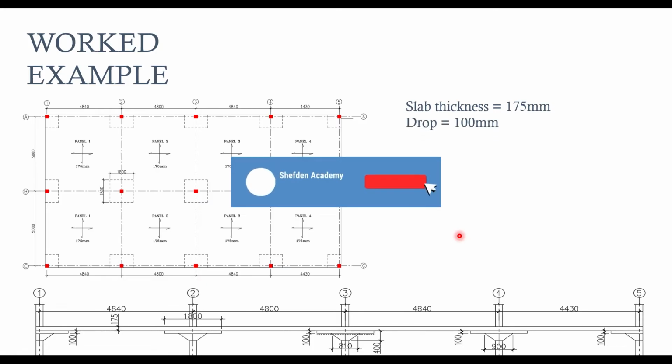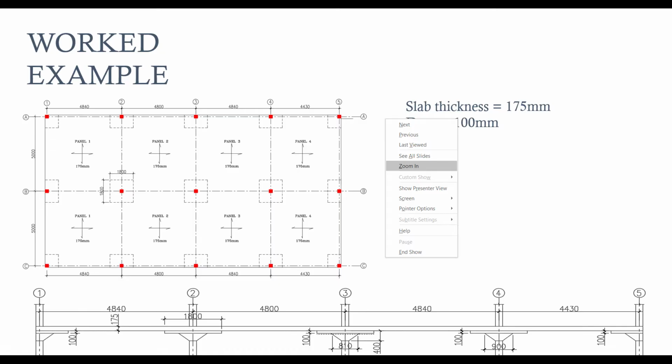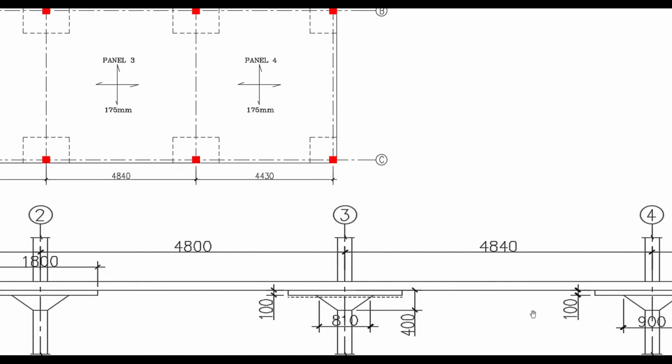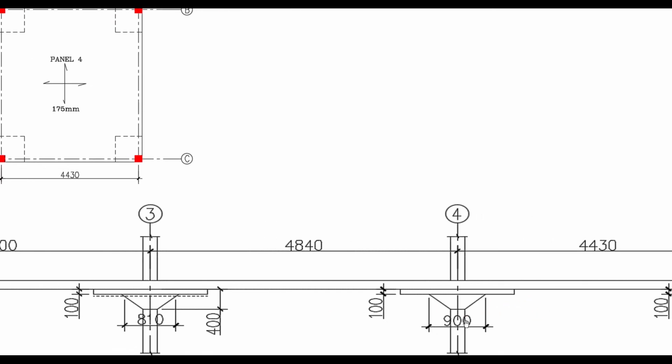Then we also have the drop panel. So this flat slab is having both drop panels and column heads. You can see that the drop panel's thickness is 100 millimeters. The thickness of the flat slab itself is 175, and then the size of the column head is 900. The total length of the column head is 900.